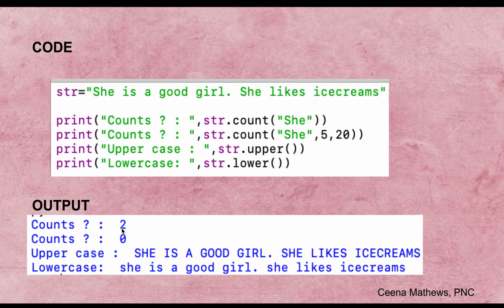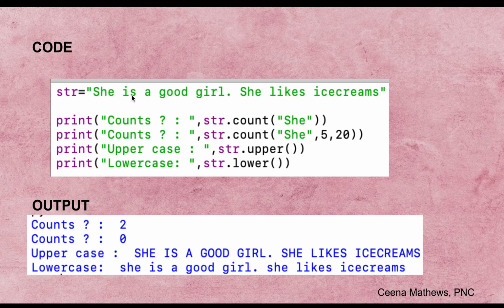See the output section. And the next case is also, next print also uses count, but here I have included all the 3 parameters. The first one is the value to search for. The second is from where, which position you have to start the search, and 20 here represents where to end the search. Okay, so 5 here, this is 0, S is 0, 1, 2, 3, 4, 5.